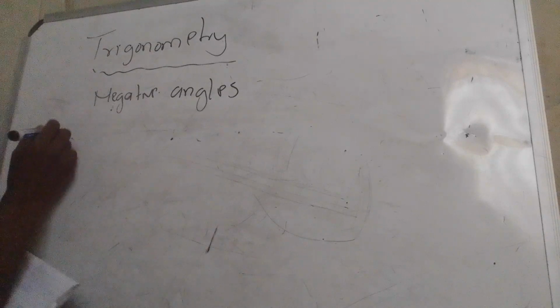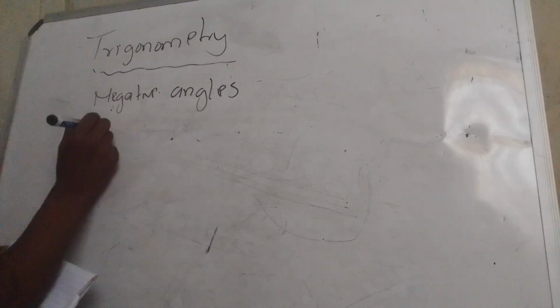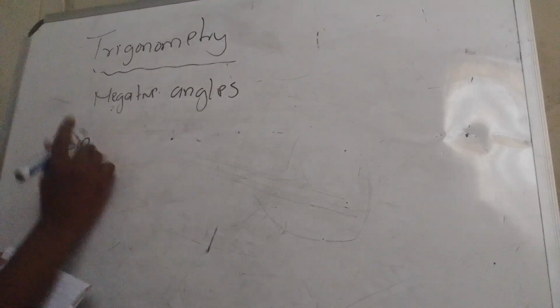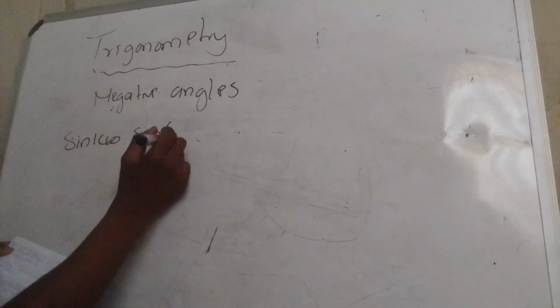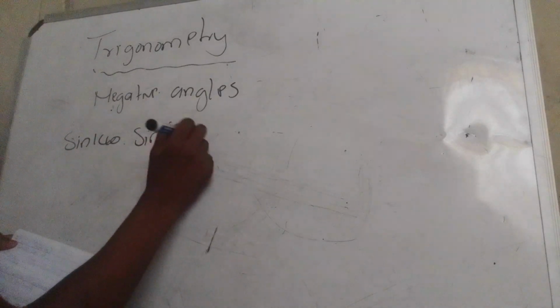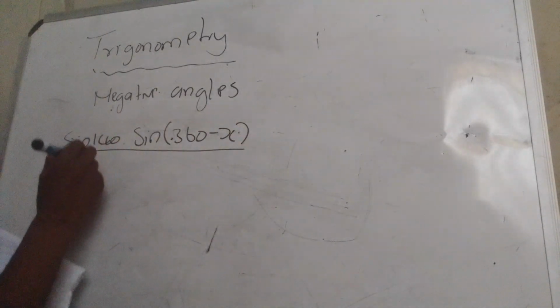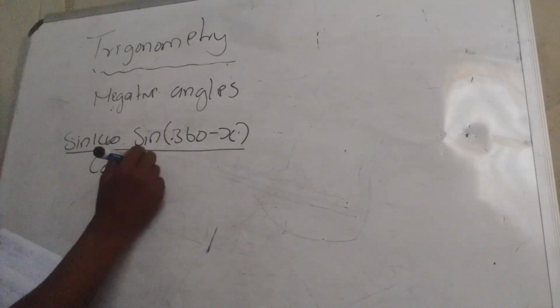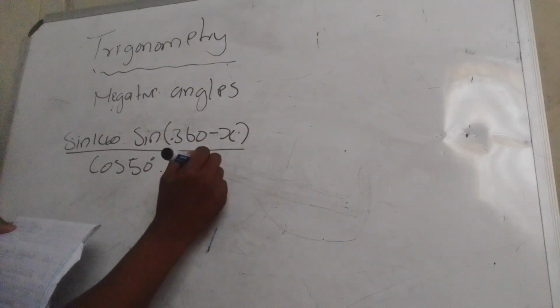So let us take something else with a negative angle. We have sine 140 times sine of (360 minus x) all over cos 50 times tan of negative x.